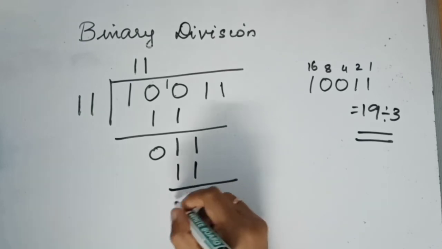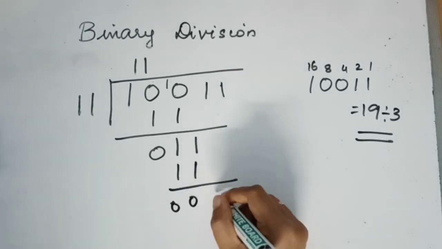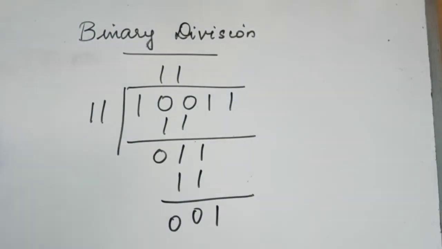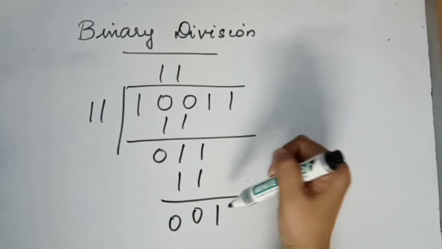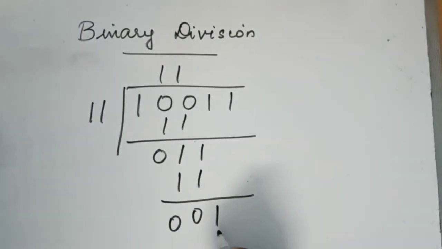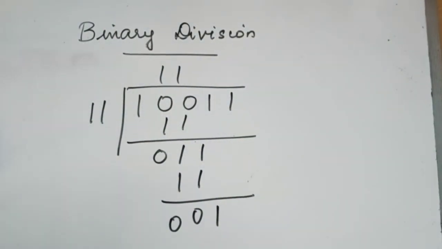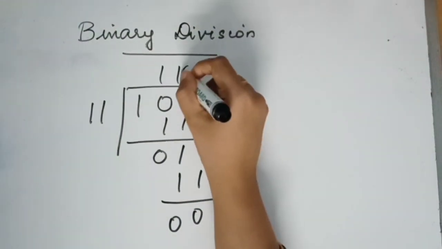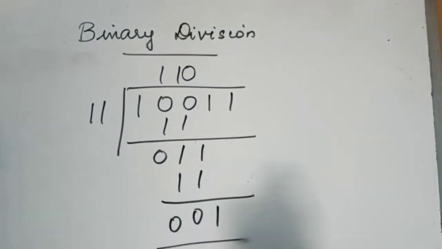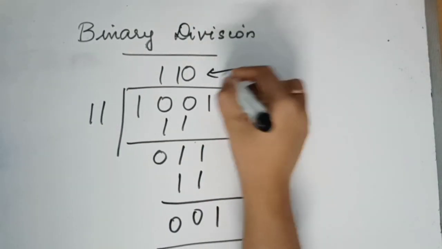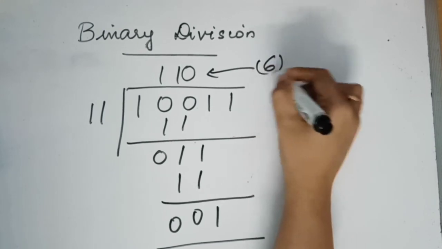Here you will have 0. You'll take this. So here we've taken this 1 down, and when we take this 1 down, this is lesser than this, so it won't go. So you'll put a 0 here. And your answer is 110, which is 6 to the base 10.